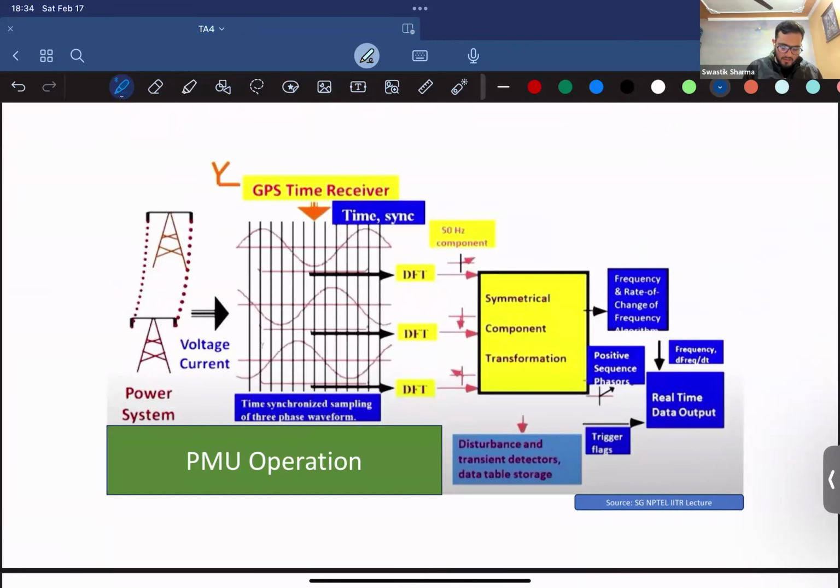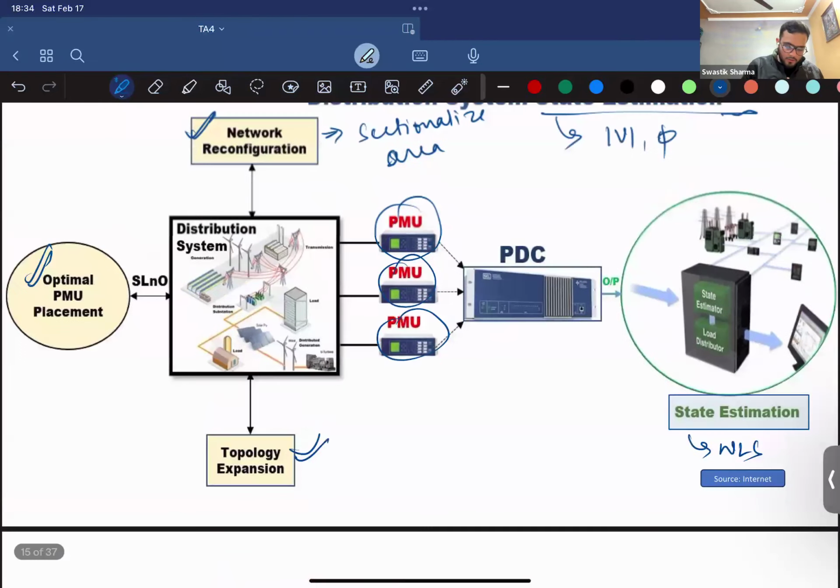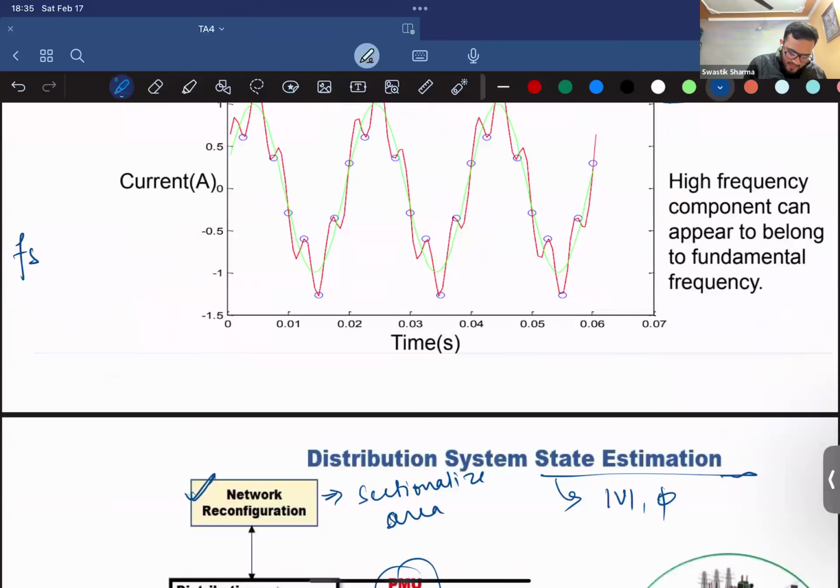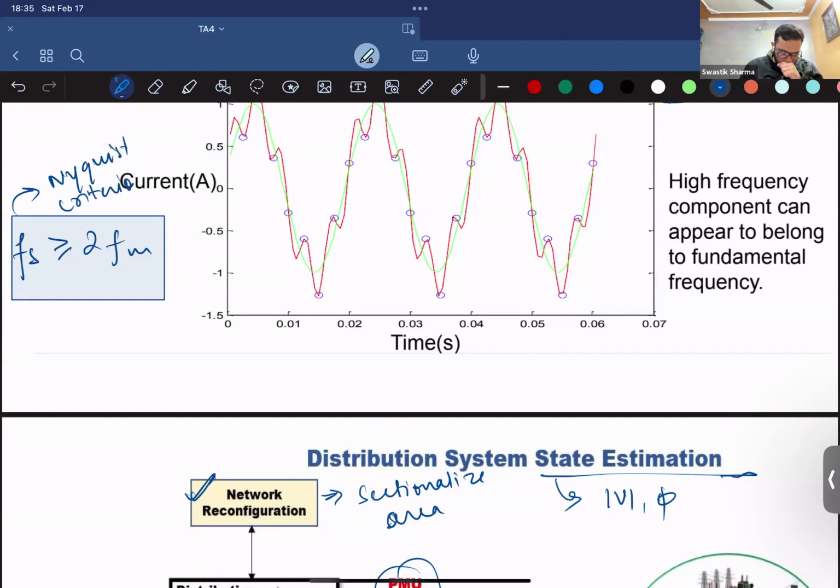You get voltage and current signals, and then, one more thing I forgot telling you. In order to avoid aliasing, I told you, you have to sample at a higher frequency. This sampling is judged by the Nyquist criterion, which says that your sampling frequency must be at least twice the maximum frequency component associated with your signal.